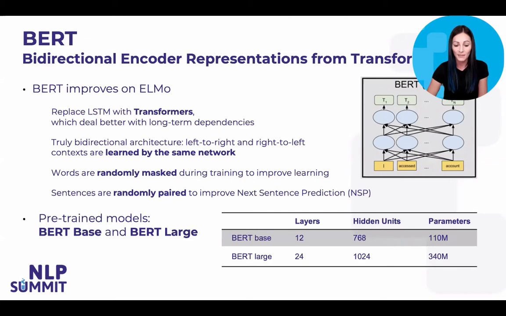And words are randomly masked during training, and sentences are randomly paired to improve next sentence predictions. And those are two concepts which BERT introduces in the training phase. And luckily for us, BERT is already available pre-trained, so we don't have to build it from scratch ourselves. We can use BERT base or BERT large, for example, and there's many, many more.